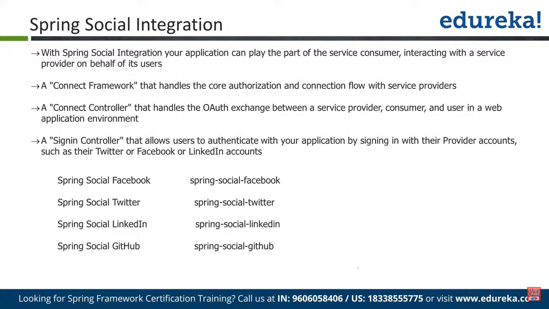In very layman terms, OAuth is something like logging in or accessing any application or website without the use of a username and password. How it is happening, I'll show you in another slide. So OAuth is the way where you can connect to Facebook, LinkedIn, Twitter, or GitHub without using the username and password in your application. How we do that, I'll show you.